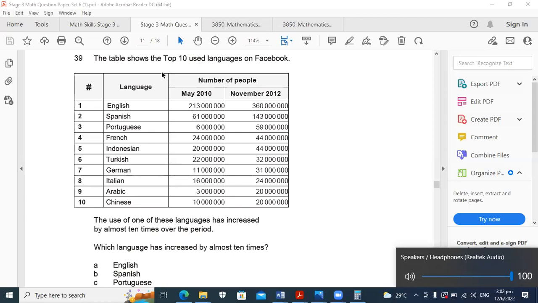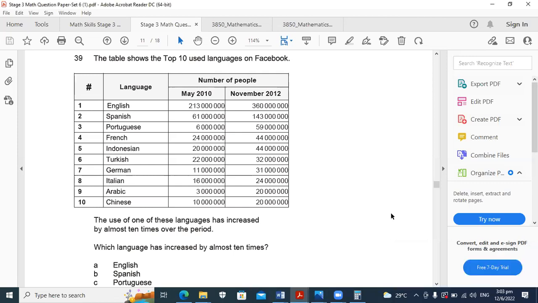So the table shows the top 10 used languages. Oh, I found something, this one. Oh, sir, Facebook. Oh, and on Facebook, what? Twitter? Facebook, I feel you, sir. Really? Yes, sir. Older folks. Older folks. Yeah. All right.